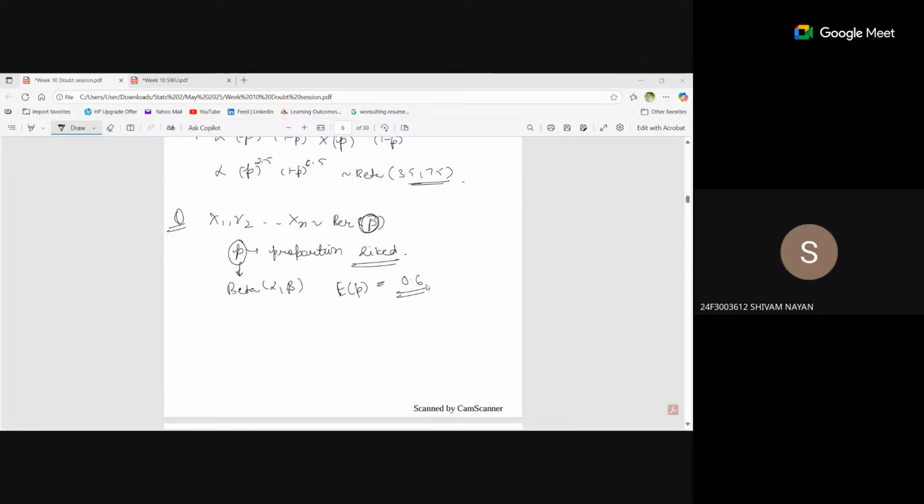But ma'am, when we write Bernoulli(P), there P is the probability of success, na? That is a probability of success, but it is not known to us. Now, according to Bayesian estimation, this P is a random variable which is following some distribution, like my x1, x2, which are random variables following some distribution. Similarly, my P is following some distribution which is beta. So right now, this is not a probability, this is a parameter. We are estimating the parameter.